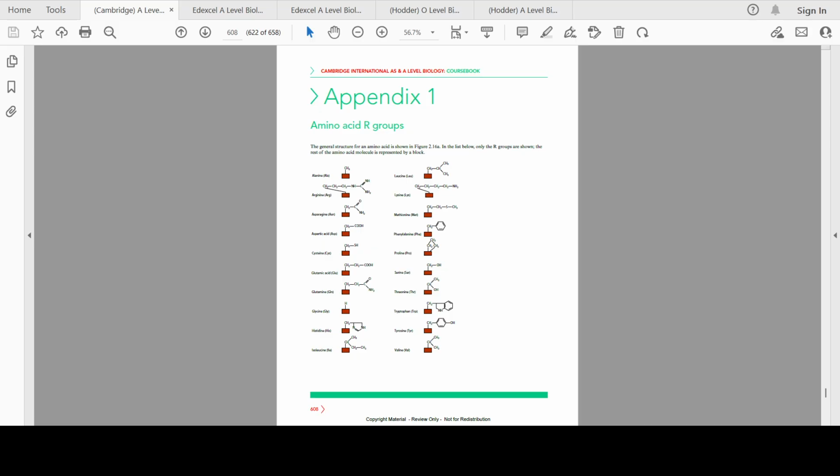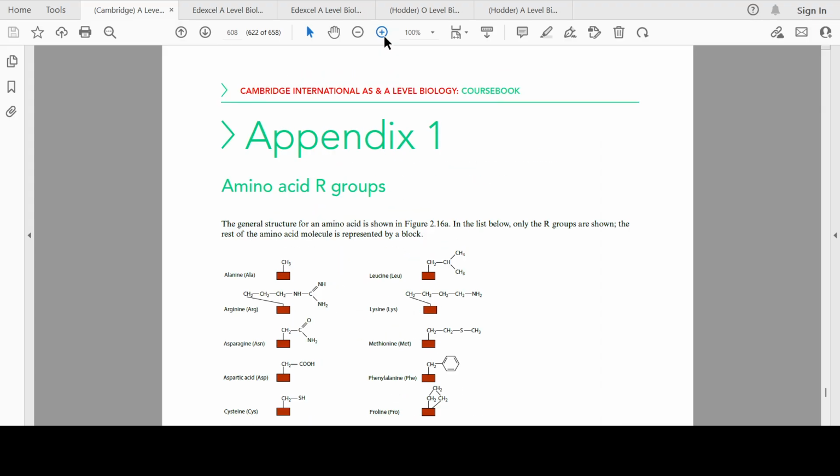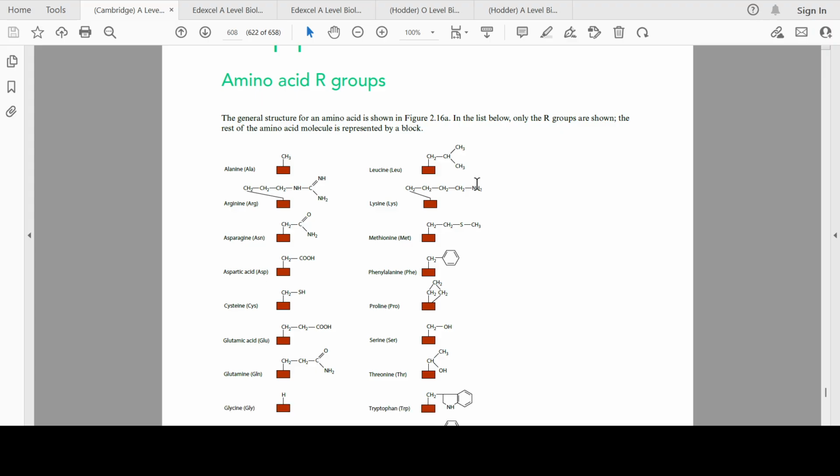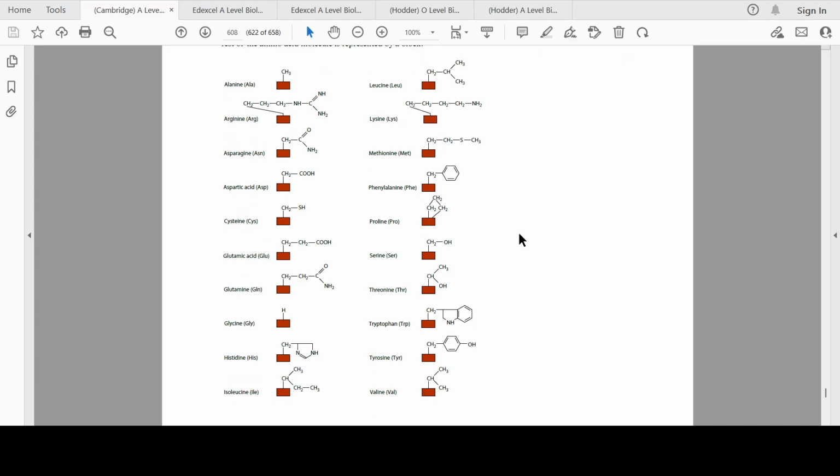Can you see that? Yes, sir. This is from the Cambridge book, by the way. You can see these are the 20 amino acids, their full names, their 3-letter abbreviations, and their structures as well.